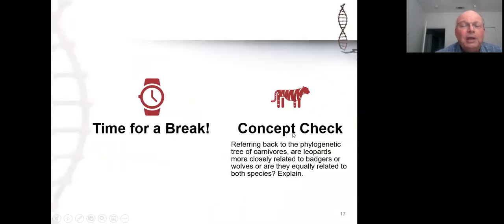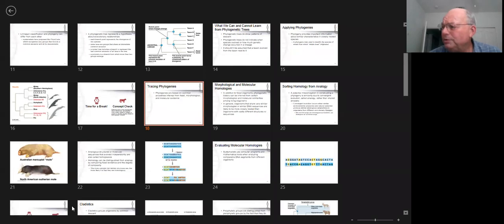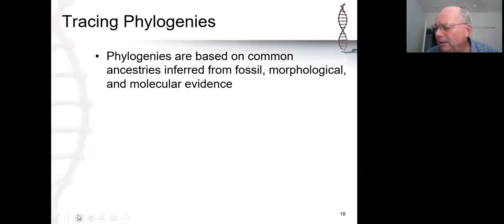Now, let's move on and talk about the next concept, which is looking at the type of evidence that we use for creating phylogenies. So the traditional evidence for establishing phylogenies, fire up the pen again, has been fossil evidence and morphological evidence.